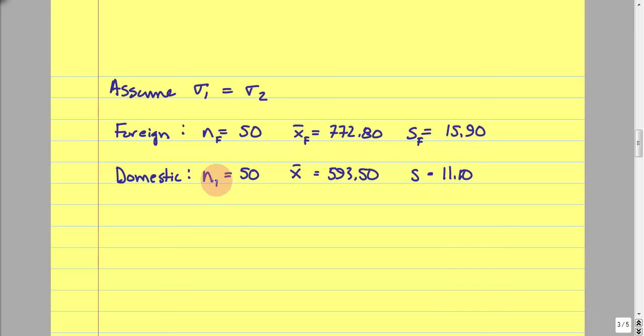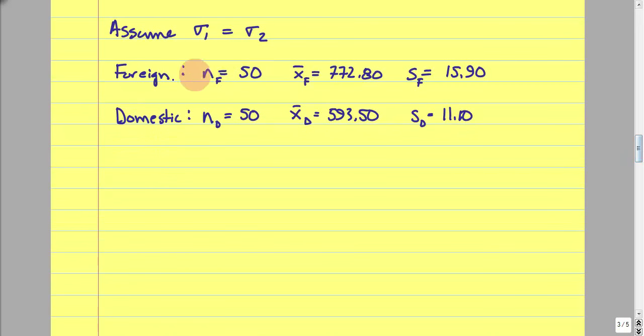I'm going to use a sub d for domestic. A lot of times they'll just say n sub 1 and n sub 2, and it's hard to keep track, so I prefer to use subscripts like F and D for foreign and domestic.